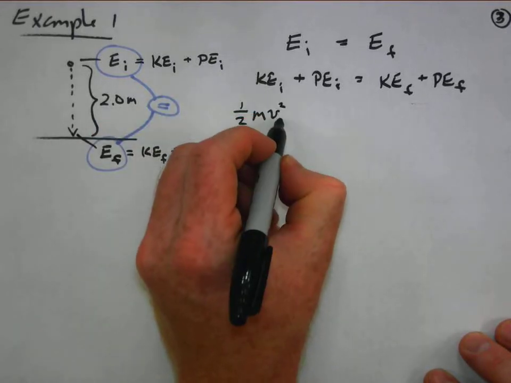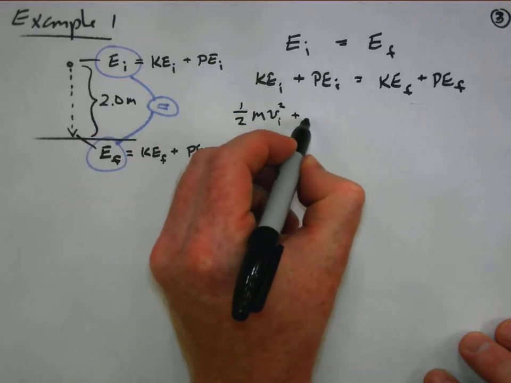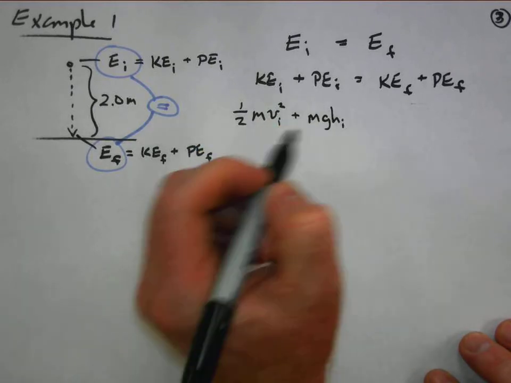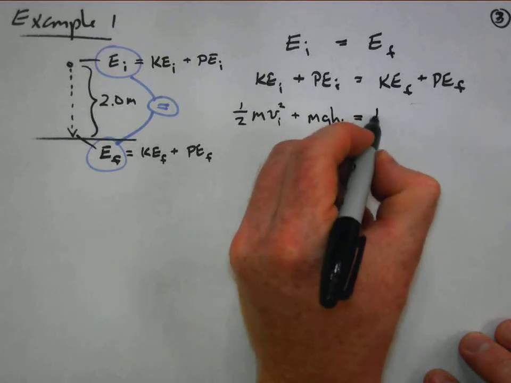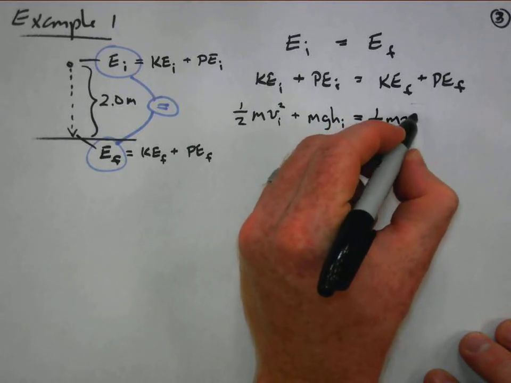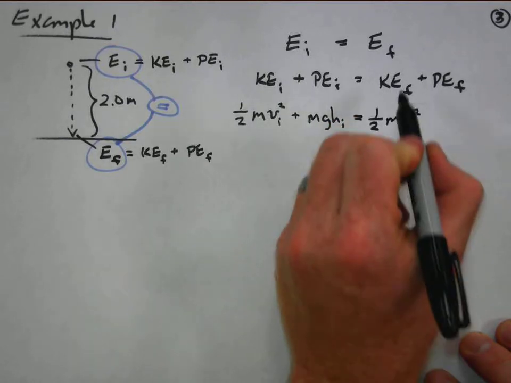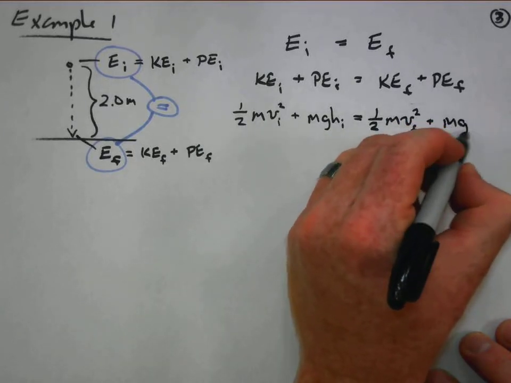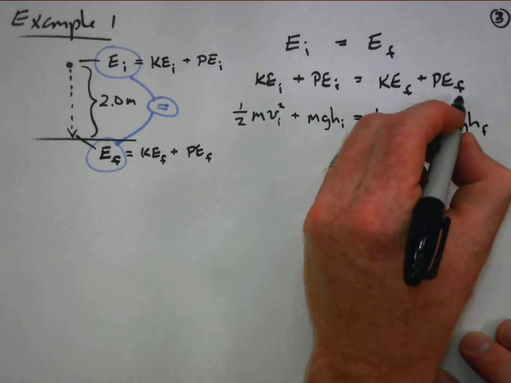But I need to be using the initial velocity. Potential energy is mgh, and I need to use the initial height. So expand these also. 1/2 mv squared, this is final velocity, that's final. And mgh, and final, it all matches up.